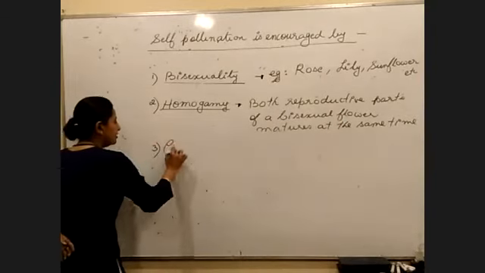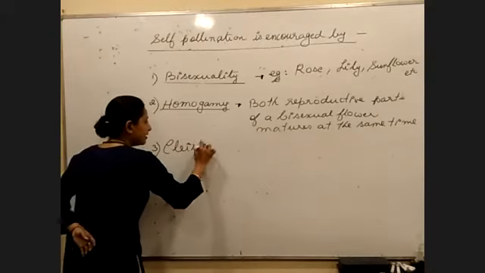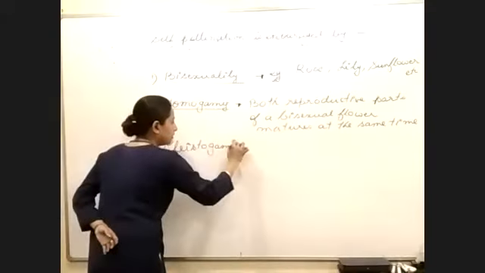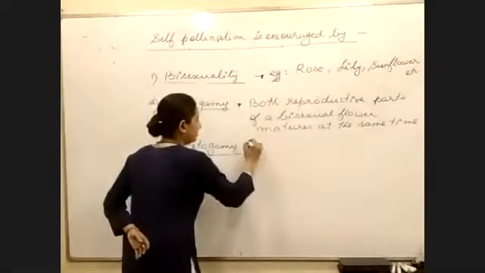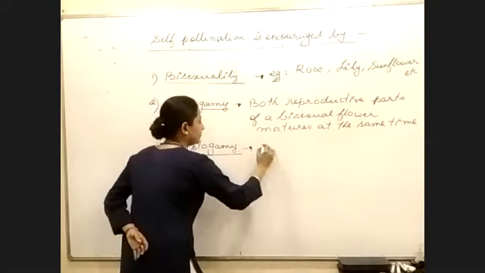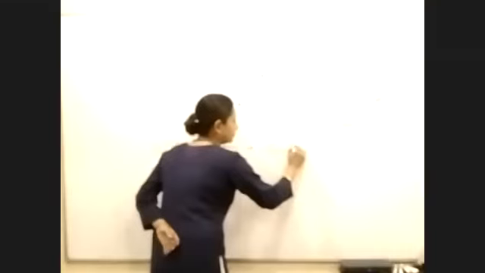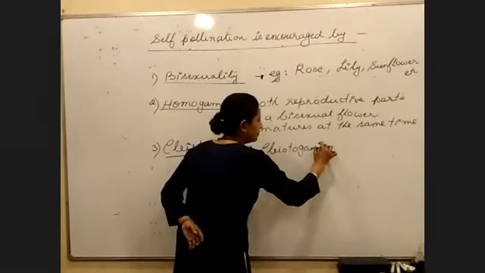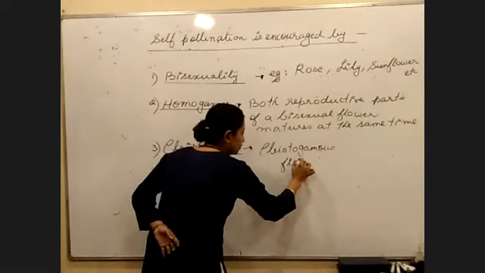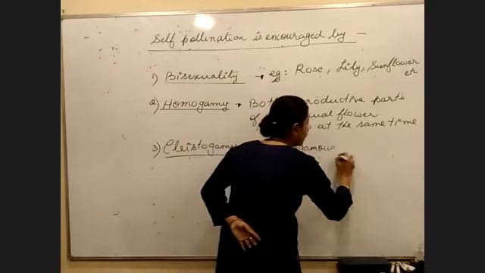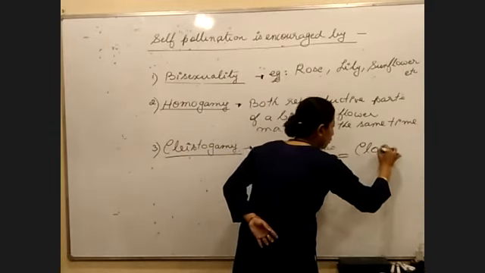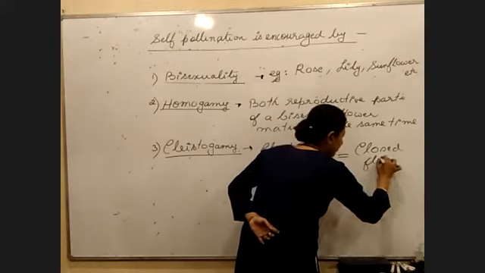Third condition is clistogamy. Clistogamous flower means what? Closed flower.